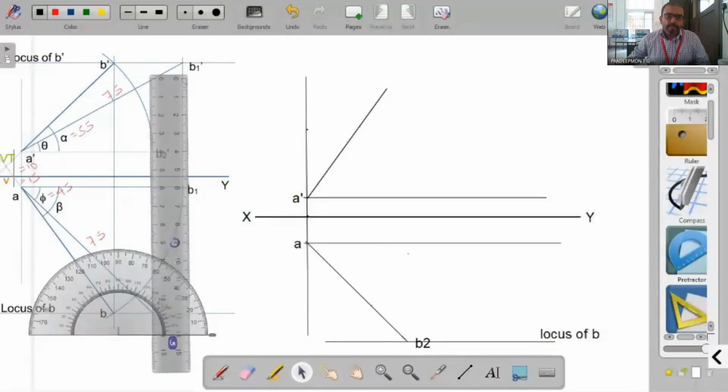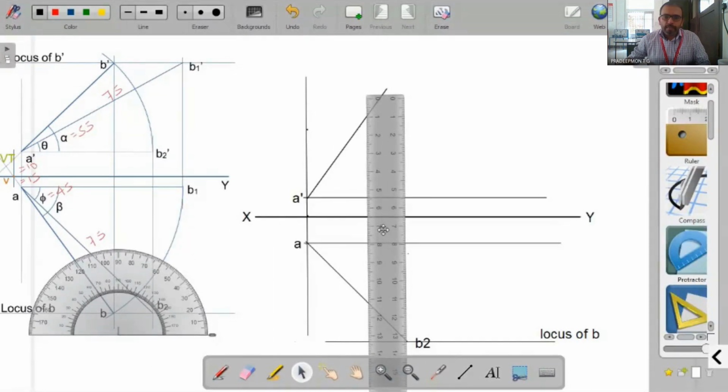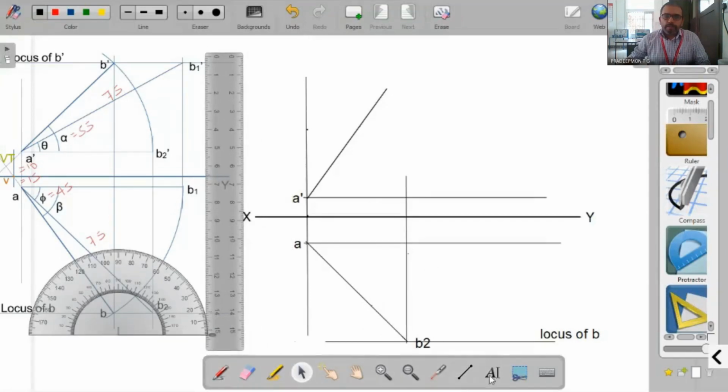Even if the measuring error is slight, at the final point the error will be a cumulative effect, which will have a large effect on your drawing. So it is always better to keep the errors minimum. So like this, we can obtain the point B2 dash.